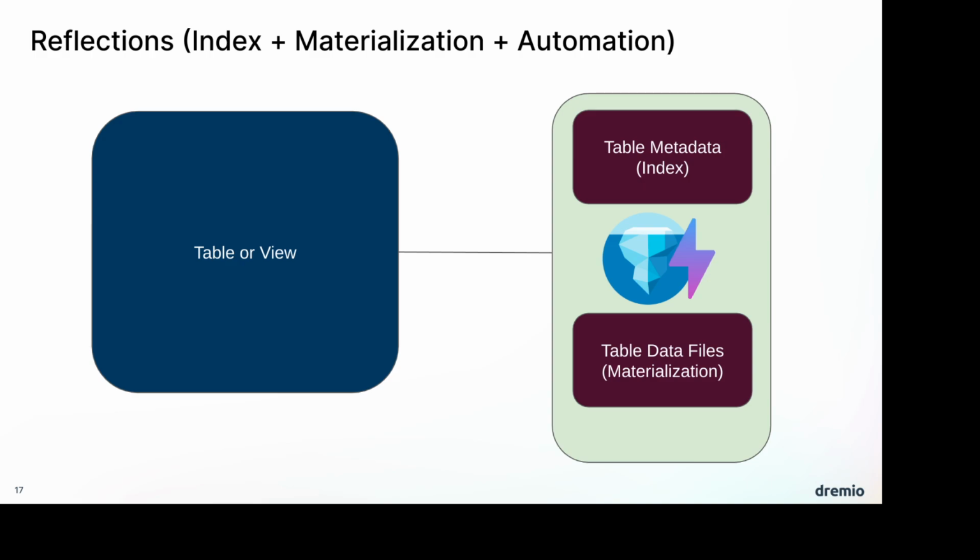Dremio does that. So you're getting the benefit of, one, it's less likely that the analyst will make a mistake of querying the wrong name and getting the wrong performance, which also generally means a more expensive query. And two, you're getting a nice hybrid of indexing and materialization to get really nice acceleration.